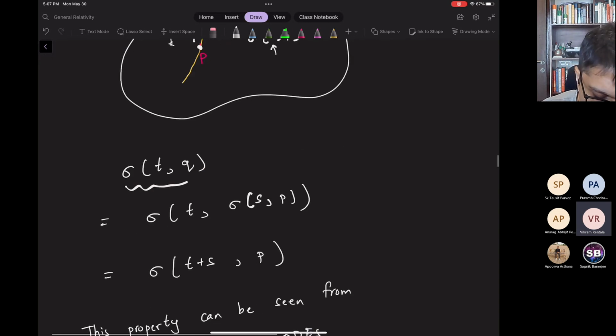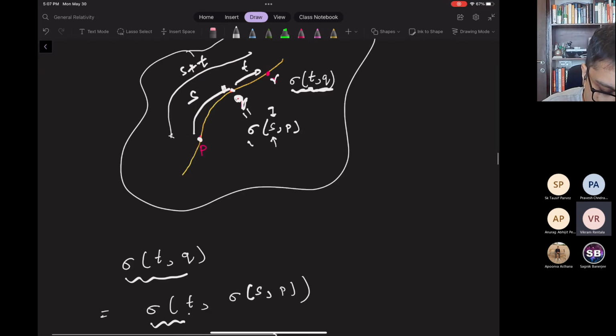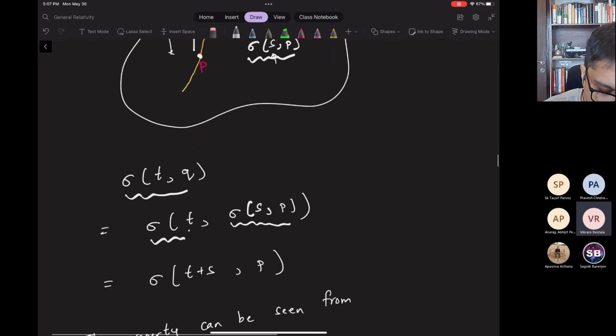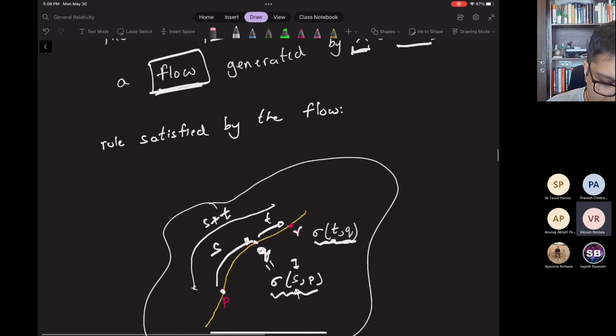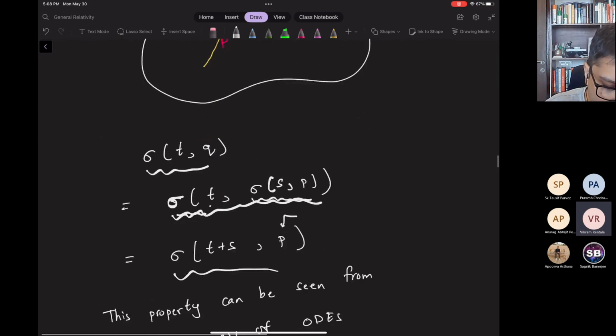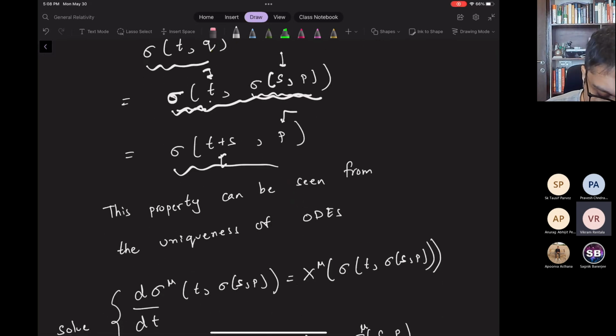Which means that it should be the same. So sigma of T and Q is nothing but sigma SP, which is this. But this should be the same as starting at P and moving by an amount T plus S. So composing a flow by an amount S and a flow by an amount T should yield a flow by an amount S plus T. You can see this quite easily from the uniqueness of the ODEs; our maps will satisfy this property.